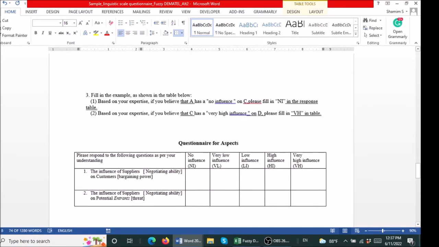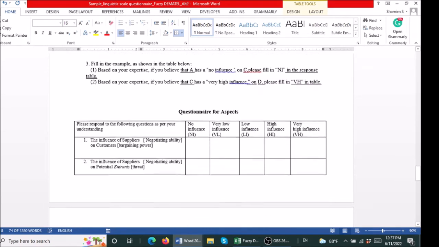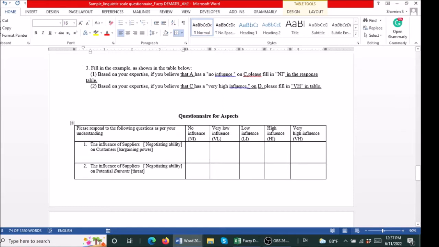Now we are arranging our questions not in matrix form. The first question would be the influence of suppliers on customers. So we are asking their degree of perception of the influence of suppliers on customers. They will rate based on their understanding.